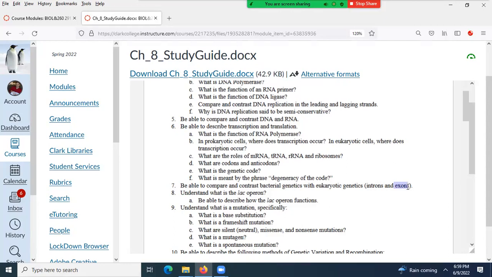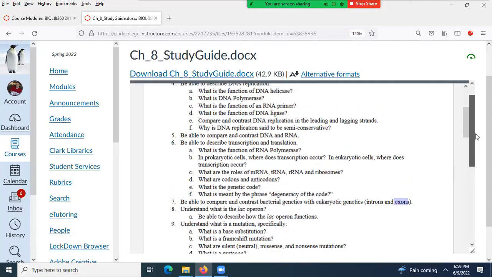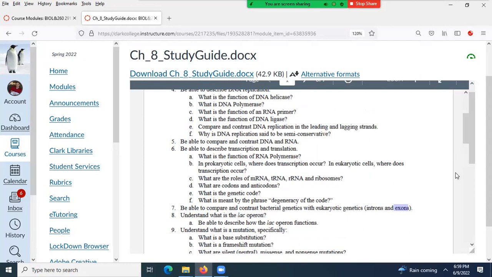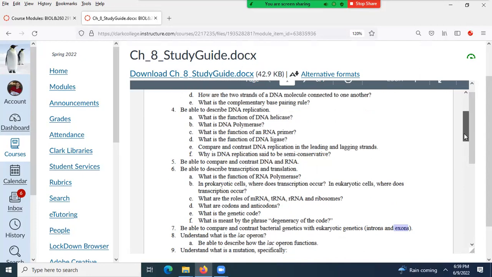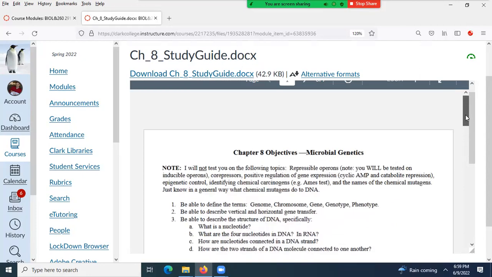Okay. And for the life of me, I don't remember if archaebacteria have an intron or not. I just don't remember. And like I said, I've never studied archaebacterial genetics. When I went through microbiology, there were no archaebacteria.